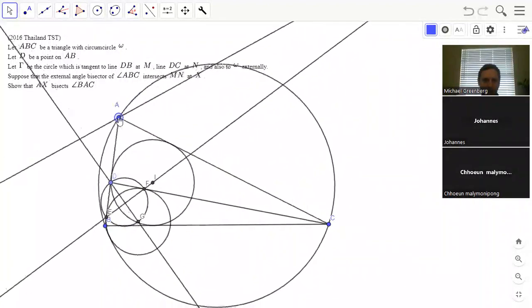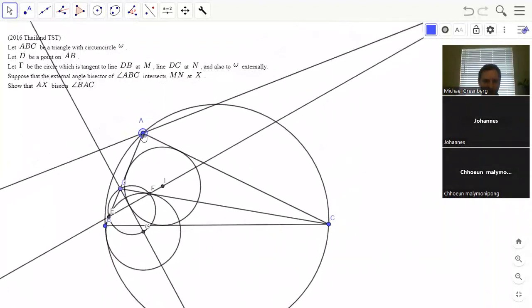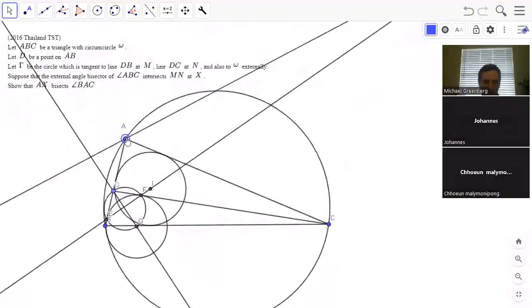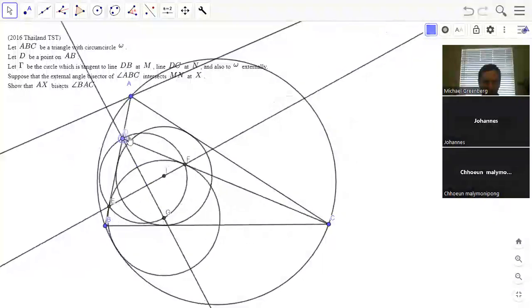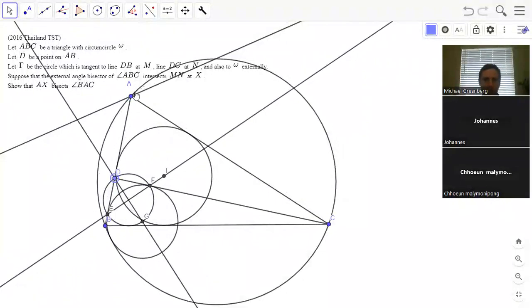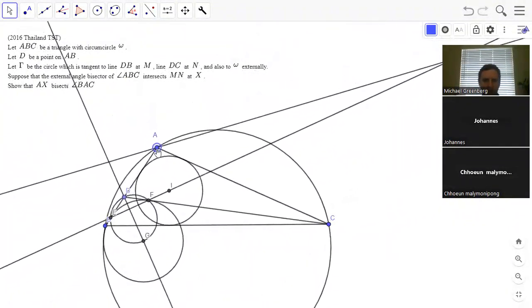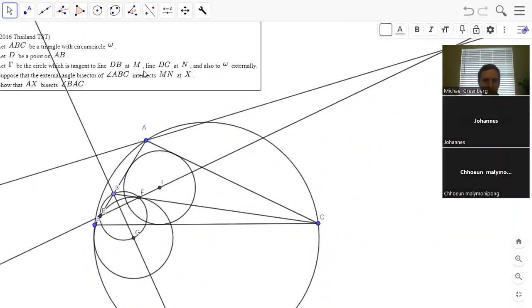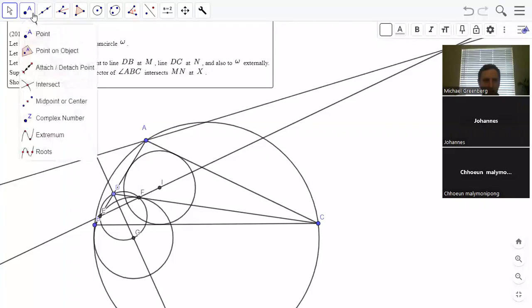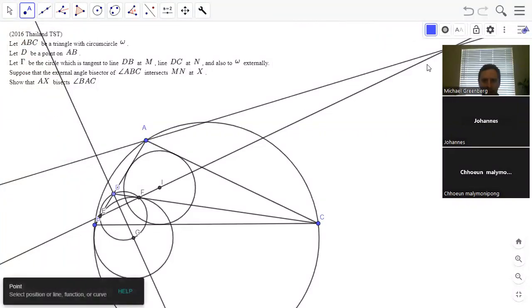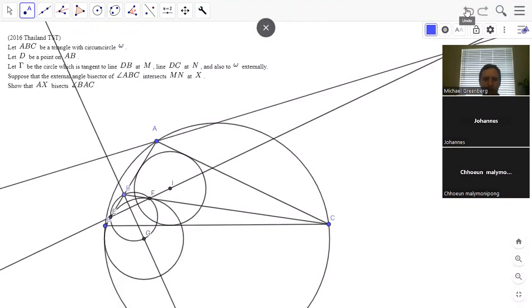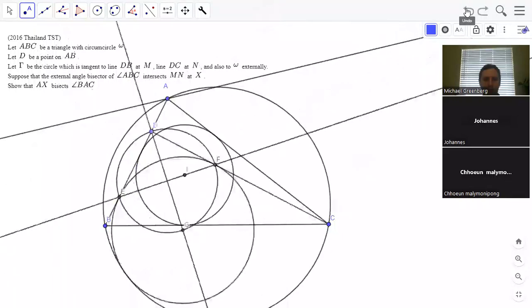It's kind of hard to draw. Maybe I need to draw a taller triangle, and then it would be easier. Let's see. So if this was X, does AX bisect angle? Wait, the external, of ABC, not BAC. Okay, so I drew the wrong external bisector.